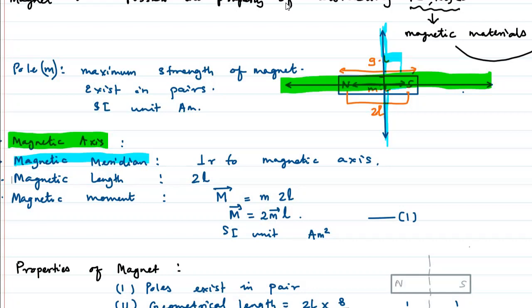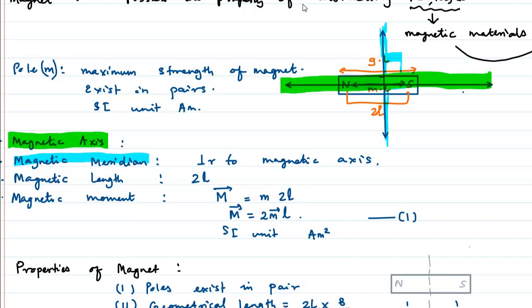Then what is magnetic length? Magnetic length is just the distance between north and south pole. That means the poles are a little inside, so it is not equal to the geometric length of the magnet, which I have denoted by G. You can see that I have written. G is the geometrical length.